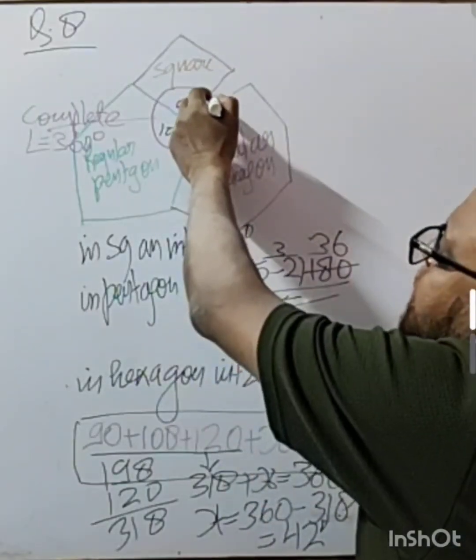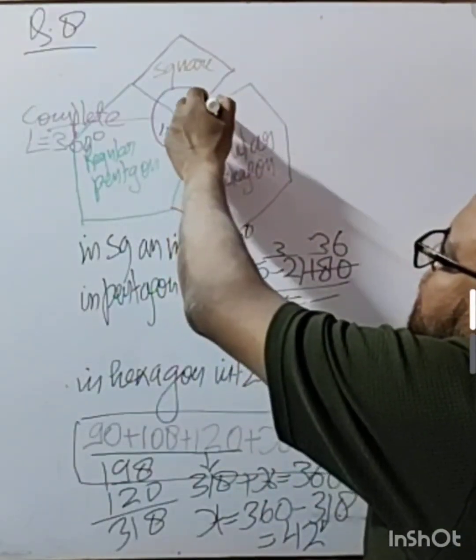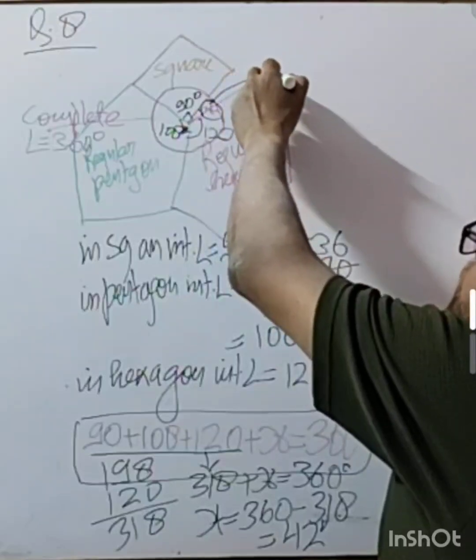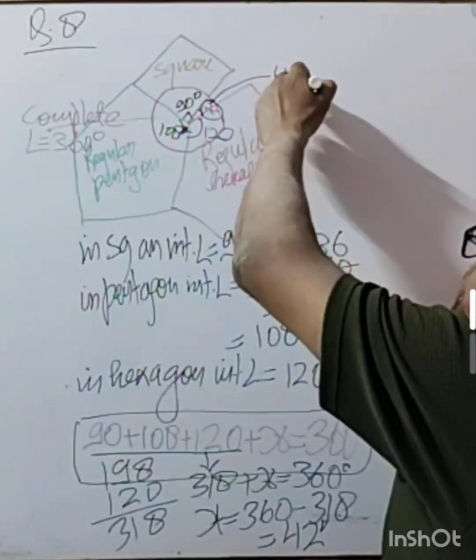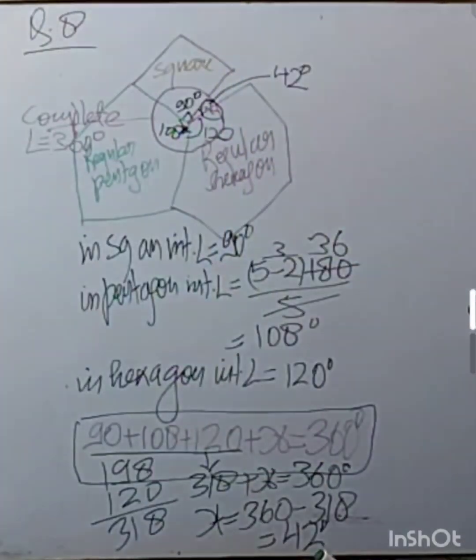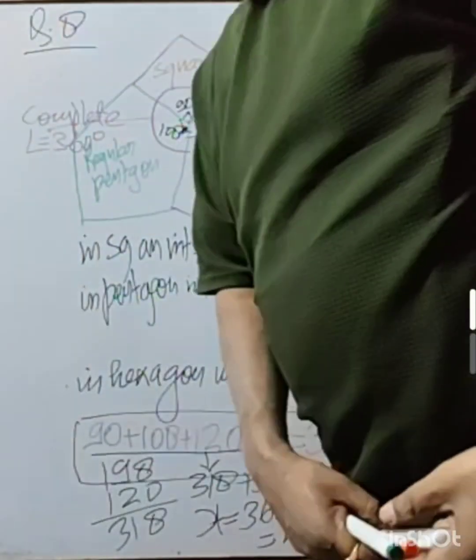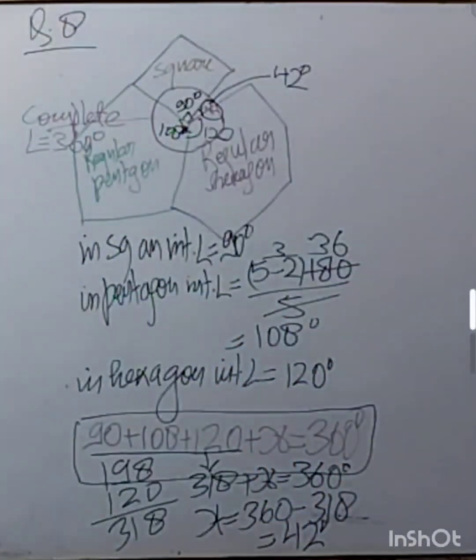So this x becomes 42 degree. Is this so? You have done this much?